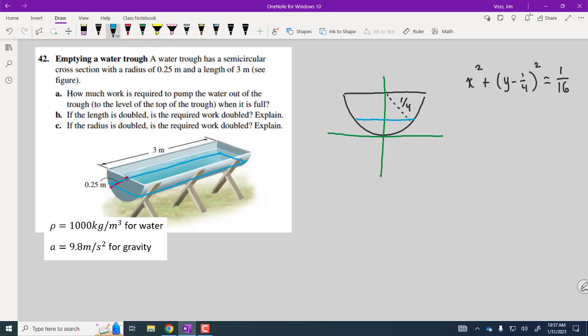Okay, so this is a horizontal element. We are going to need to know the width of our rectangle, that distance across. That's an x distance. That means when we look at our equation here, we want to write it in terms of x values. So we're going to isolate the x. This is going to be x equals plus or minus the square root of 1/16 minus, then we're going to FOIL that out.